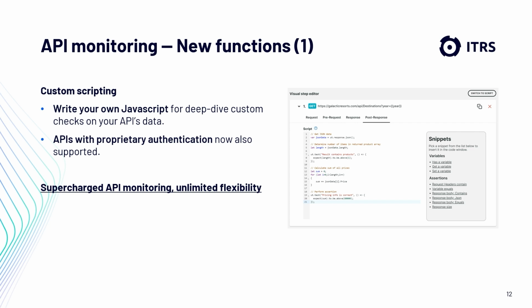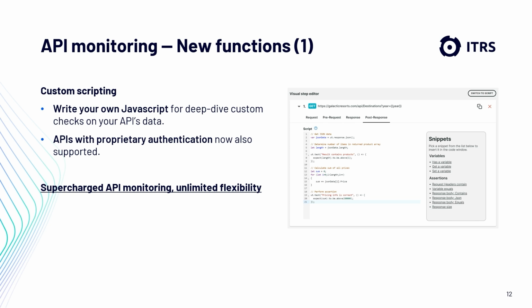The first one is custom scripting. Today we talked about not needing any coding skills to get powerful API monitoring, but for those who do want to add their own scripts, that is now possible. The scripting is JavaScript based, and it lets you add all kinds of custom logic for checking your API data, performing consistency checks, doing calculations, anything you need.